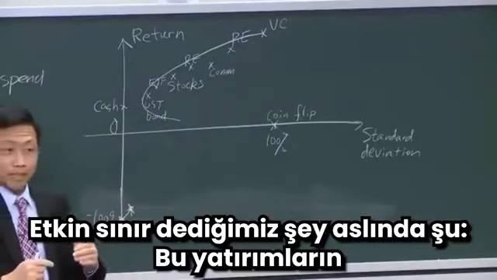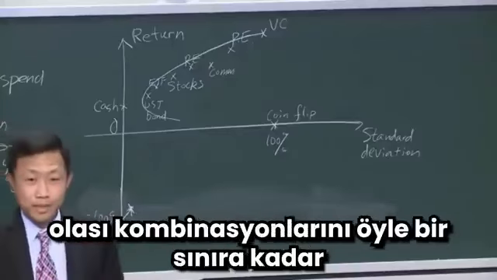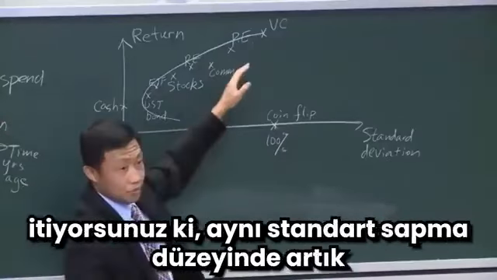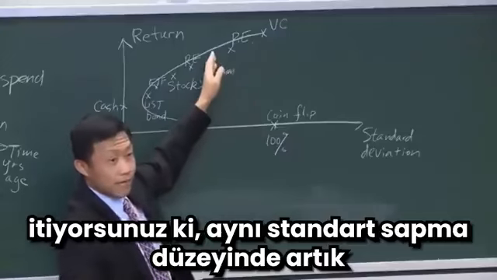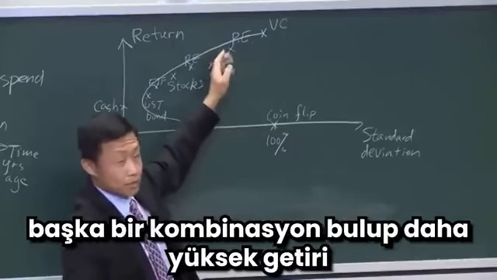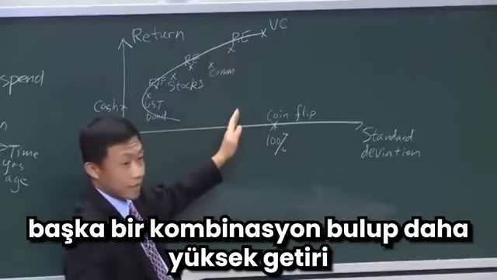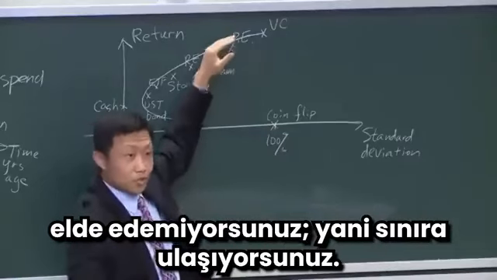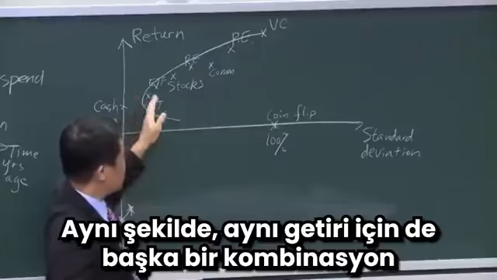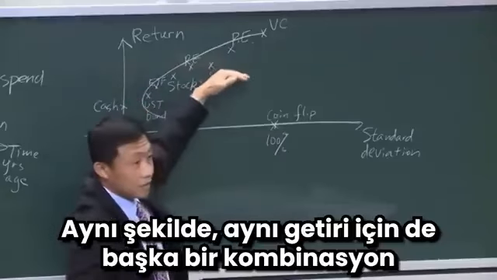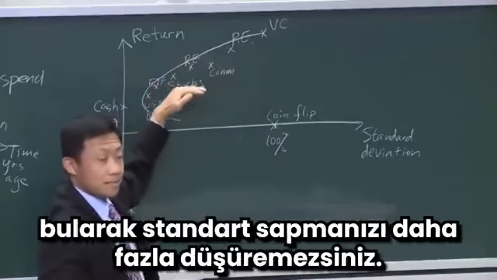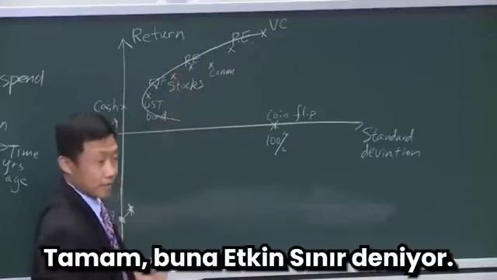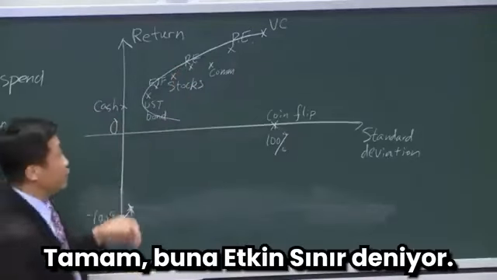It's really the possible combination of those investments you can push out to the boundary, where you can no longer find a higher return given the same standard deviation. And the same is true that for the same return, you can no longer reduce your standard deviation by finding another combination. So that's called the efficient frontier.